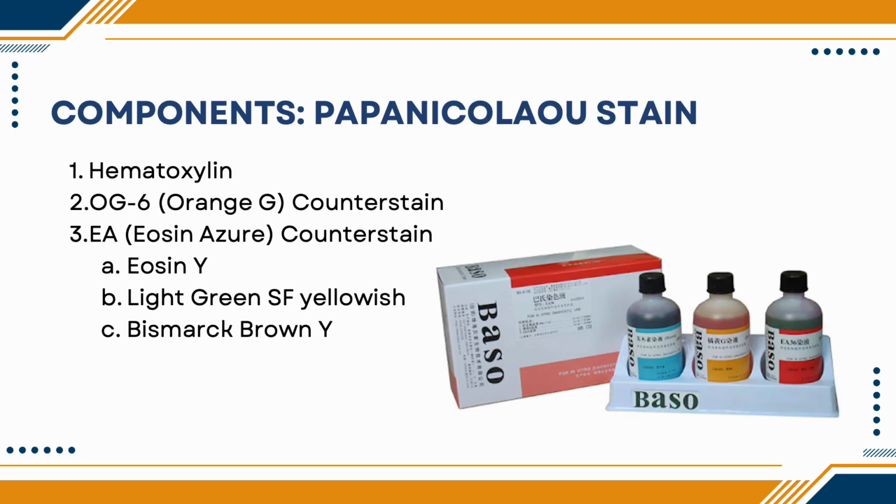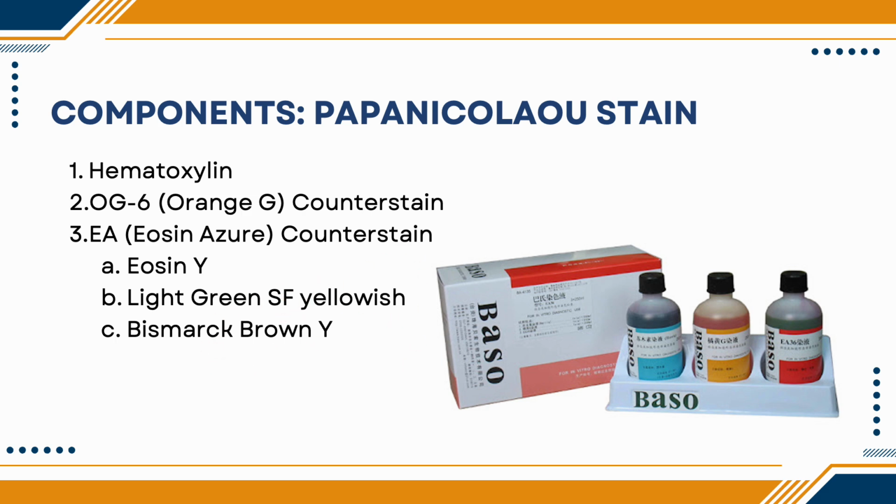As I've mentioned, the Papanicolaou stain is a multichromatic stain. It involves the use of 3 stains, namely hematoxylin, OG6 or orange G counterstain, and the eosin azure counterstain, which is comprised of the eosin Y, light green SF yellowish, and the Bismarck brown Y.